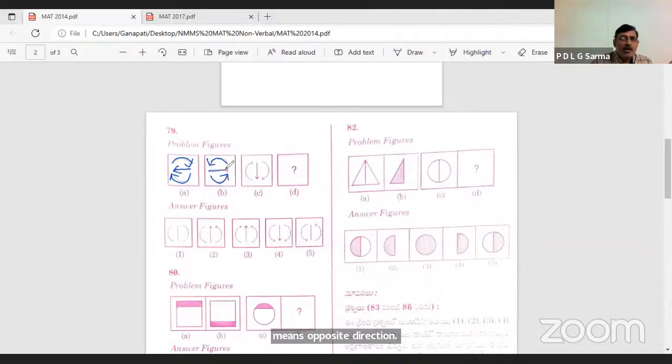So this is the relation where you can see the directions are changed. It is a problem related to directions. So here the direction is clockwise, so you have to make it anti-clockwise, and this is also clockwise, so it is to be made anti-clockwise, and here the arrow is pointing downward, so we have to make it upward.